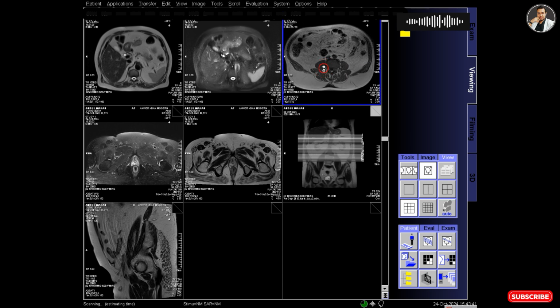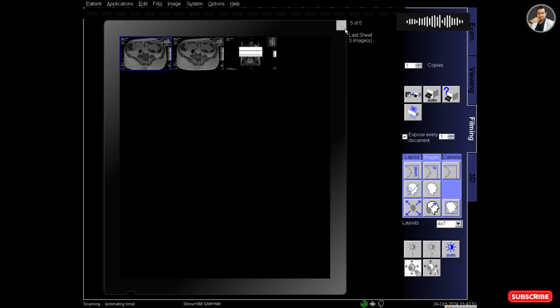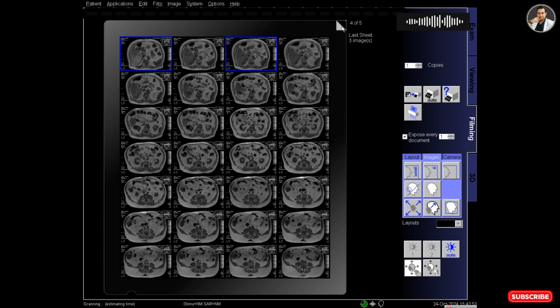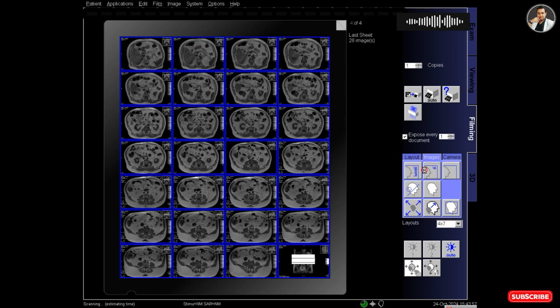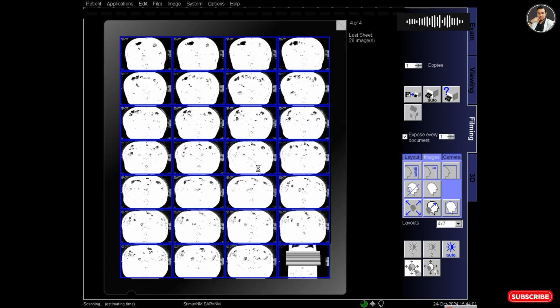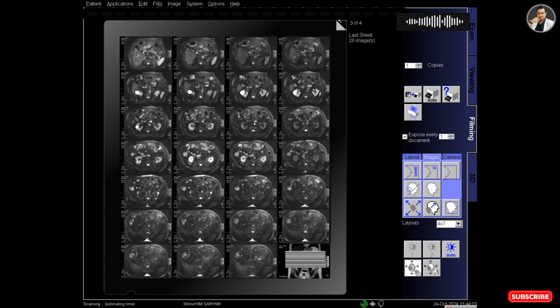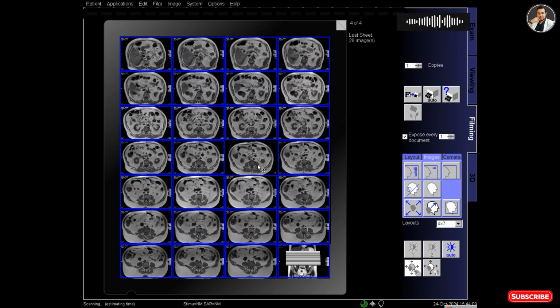Now I am selecting the T1 axial, T1 FLASH axial and sending it to the filming. So I have to delete 3 images and remove the reference images from the segments. Just keep one reference image at the end.